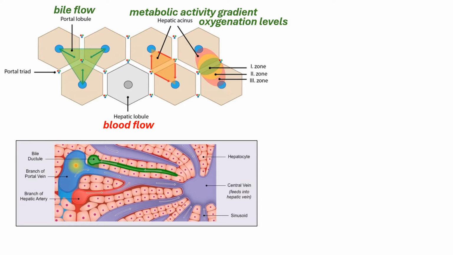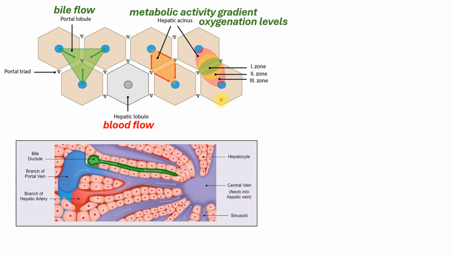So, again, as a review, this area, your portal triad, are the ones located here. So the bile direction is from the central vein to the edge. So bile direction, central vein to the edge.